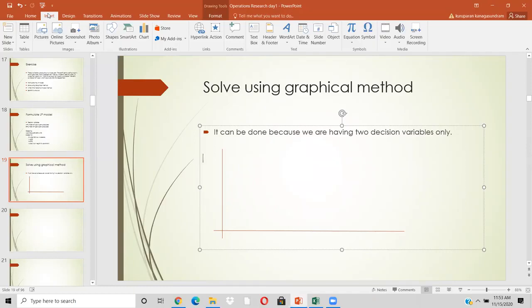Okay. Here we will draw two axes. Why these two axes? One axis is for one variable. Okay, what are the variables we are having?